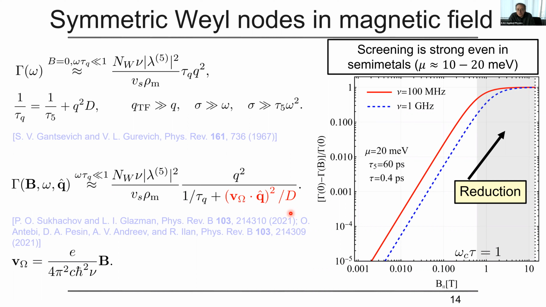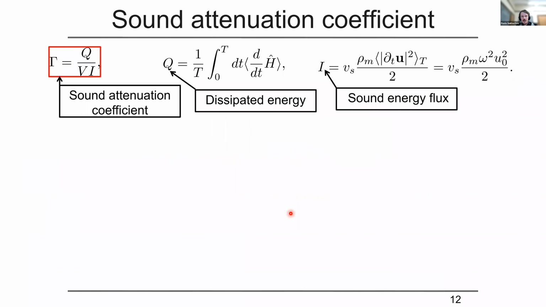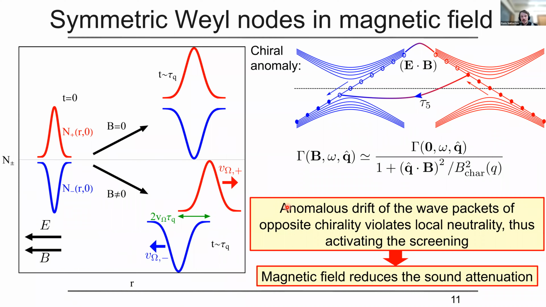And the screening in 2 dimensions is much weaker than in 3D. So here the screening is crucial, because it is the screening that suppresses this channel. If the screening is weak, then suppression might still be there, but the effect shouldn't be that drastic.